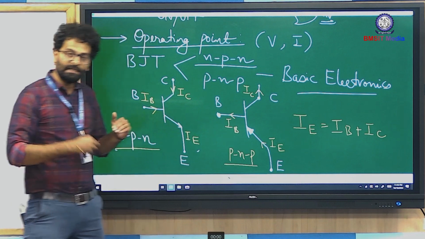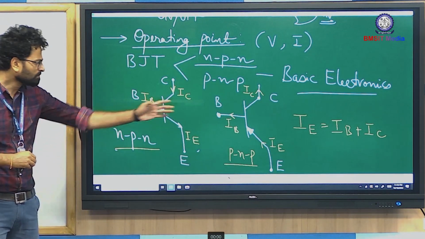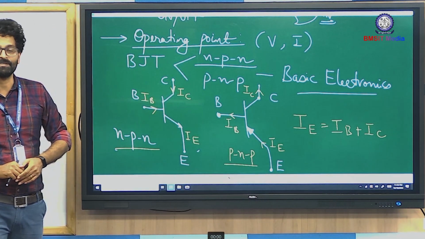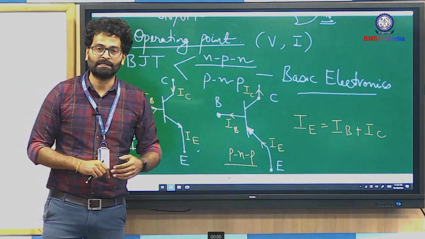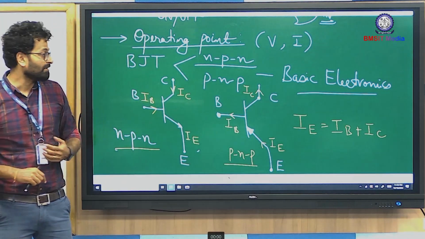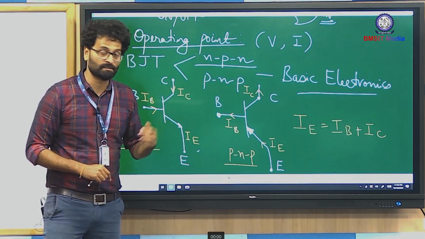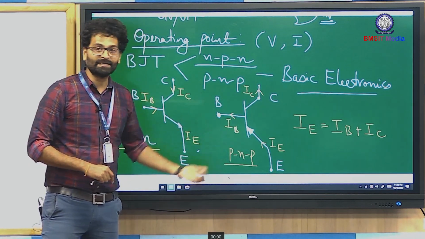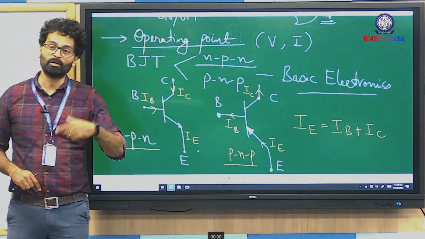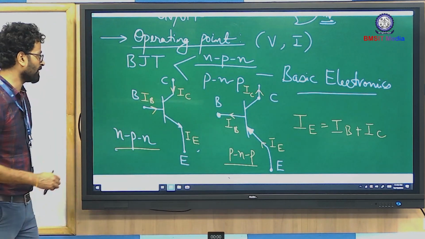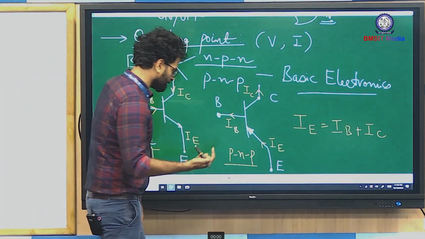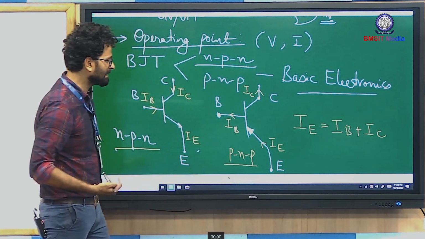So only the current direction changes, but the equation remains the same. That's what I was trying to tell you in the beginning. If you have to realize a particular circuit using a PNP transistor, all you have to do is change the current direction and also change the polarity of voltage. Okay. So that is about the currents.